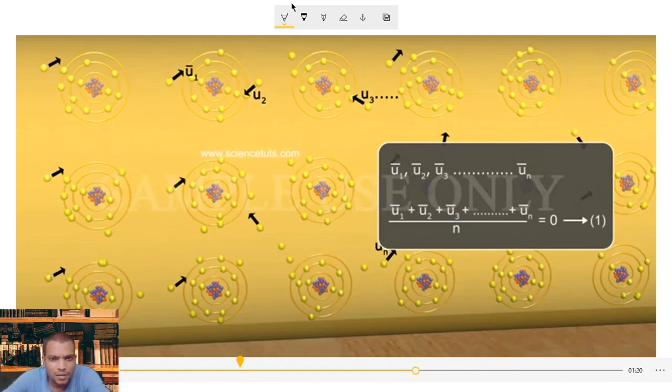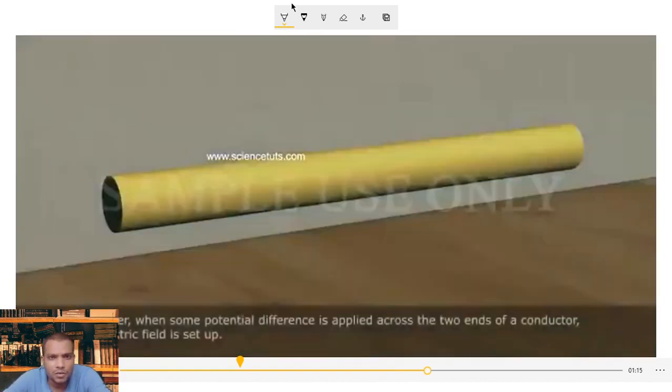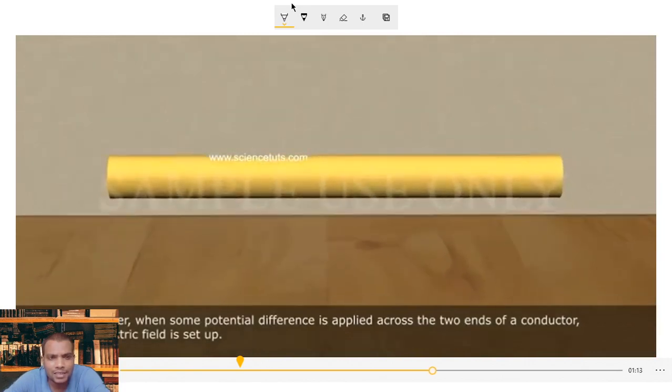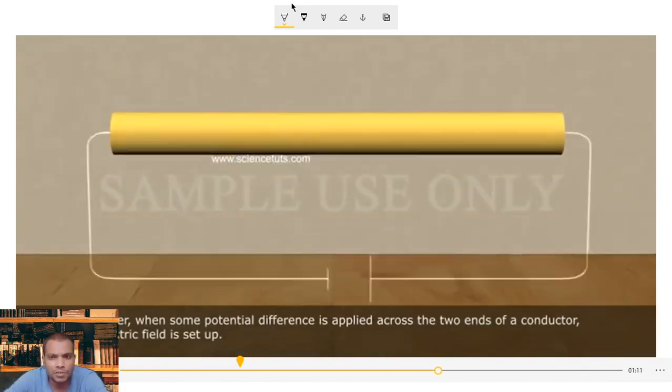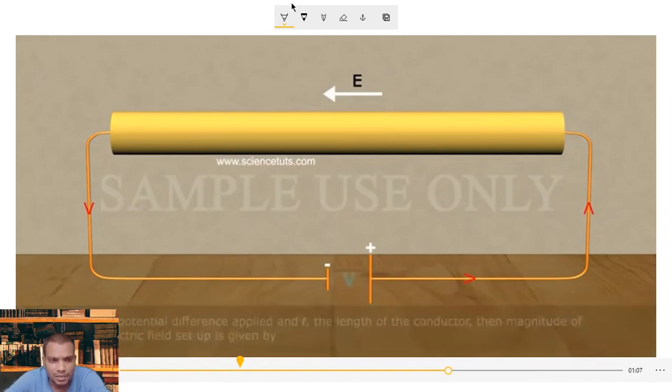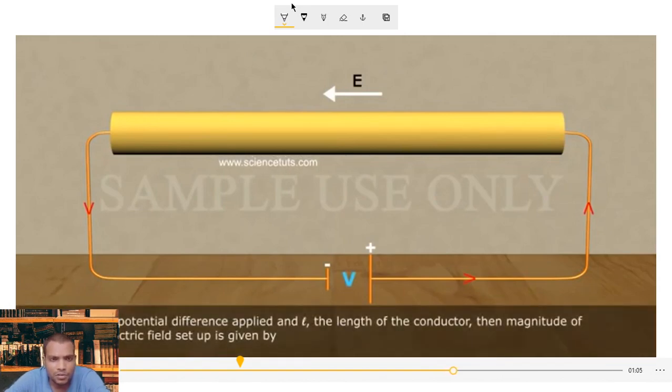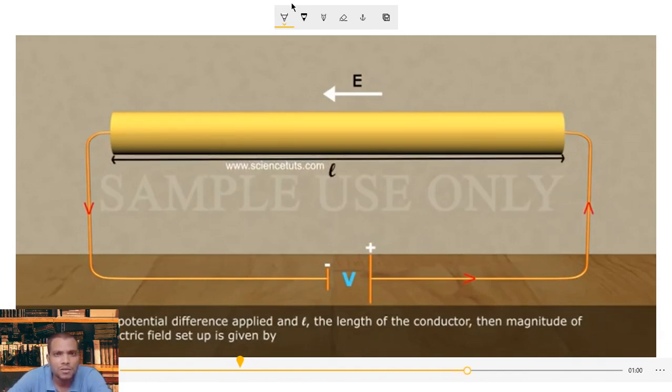But we can change the situation. Suppose to this conductor we apply an external electric field by applying a potential difference across the conductor. If we connect a potential difference, that changes something.